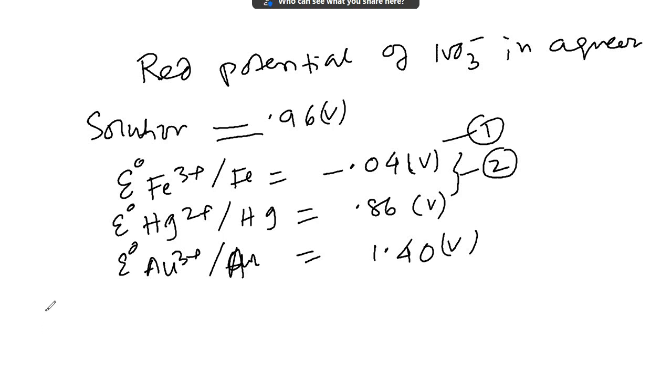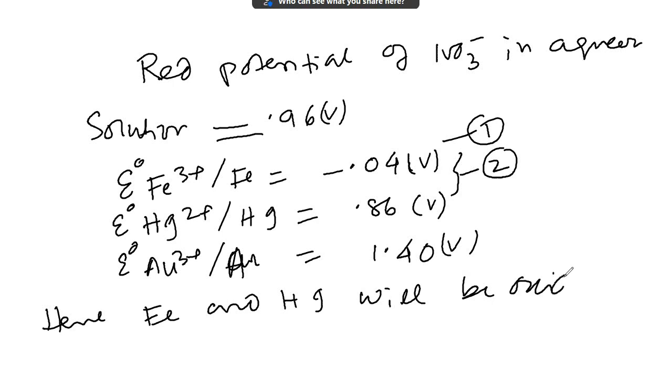So Fe and Hg, having lower reduction potential than NO3 minus, will be oxidized by NO3 minus in aqueous solution.